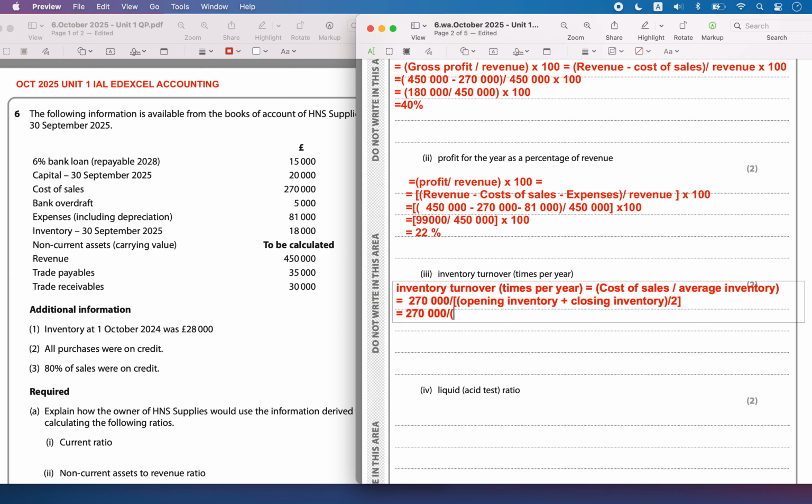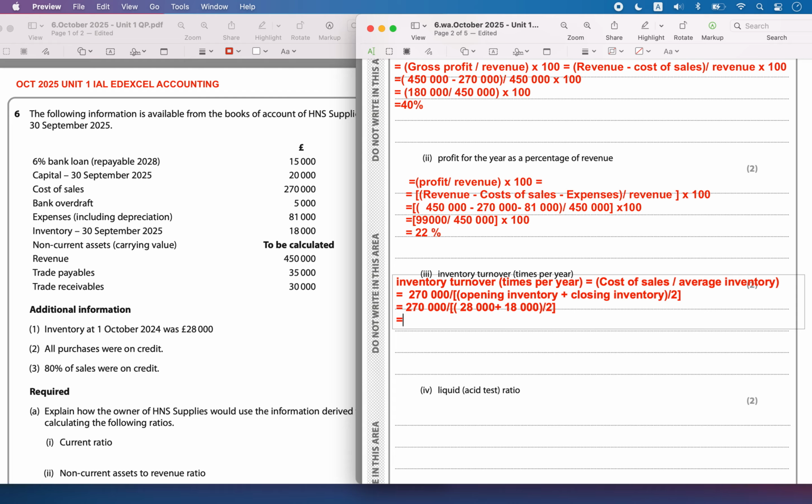So that is equal to 270,000 divided by the opening and closing inventory. The opening inventory is 28,000 plus the closing inventory given here, 18,000, divided by 2. So that is equal to 11.74 times.